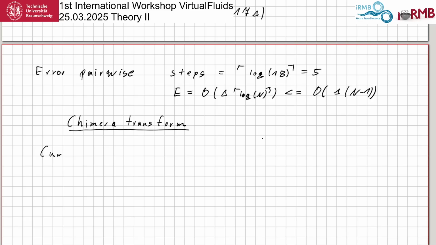So first of all, the problem is that the cumulant method requires this transformation. So we have to compute cumulants, and the cumulants we compute from central moments, and computing the central moments itself is a big problem.